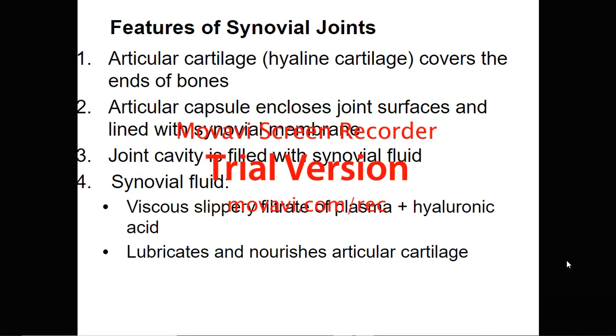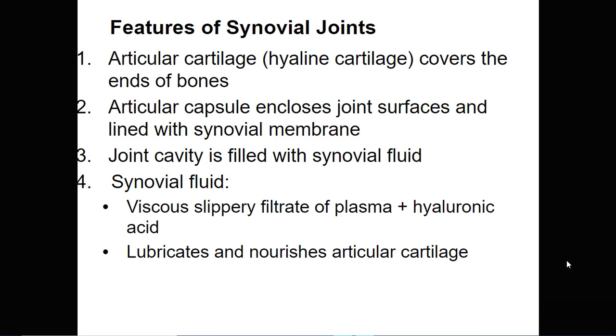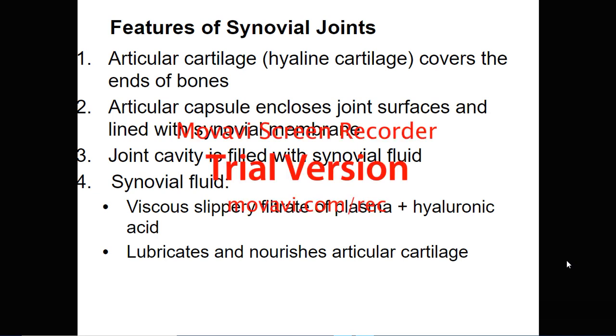The synovial membrane's function is to make synovial fluid. Again, the articular capsule has 2 layers: a tough external fibrous layer, and internal to it the synovial membrane, which makes the synovial fluid.